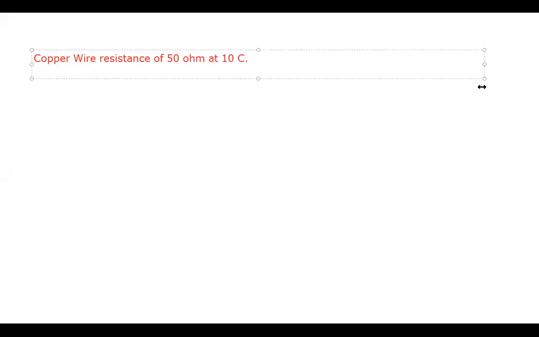Okay. So I will give you a question over here. A copper wire we are using, right? I will give you the parameter. The copper wire having the resistance of 50 ohm at 10 degree centigrade.